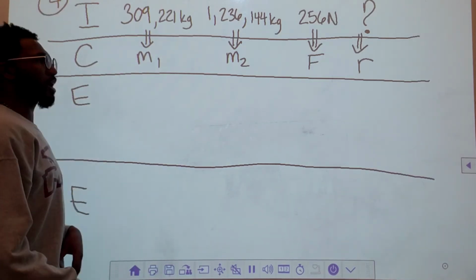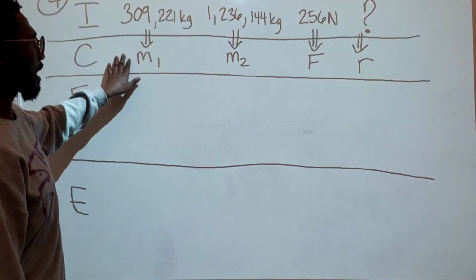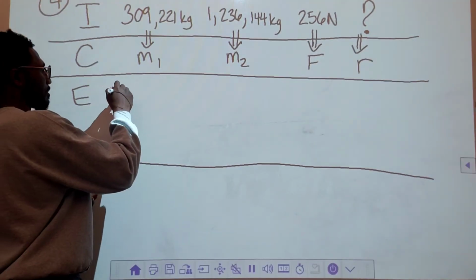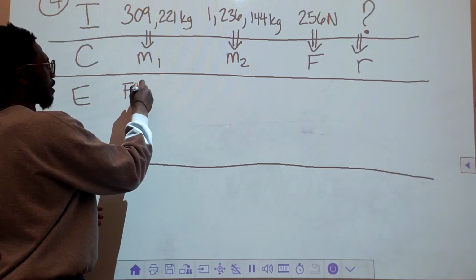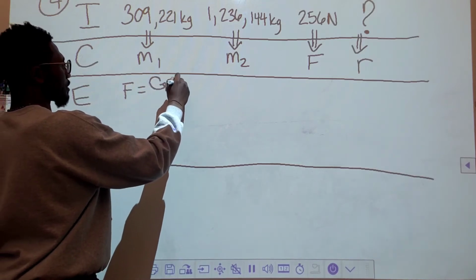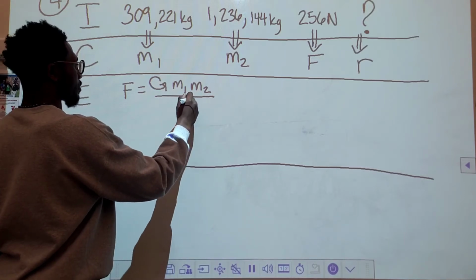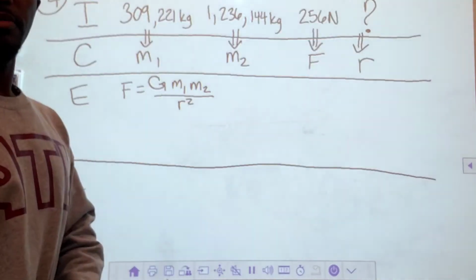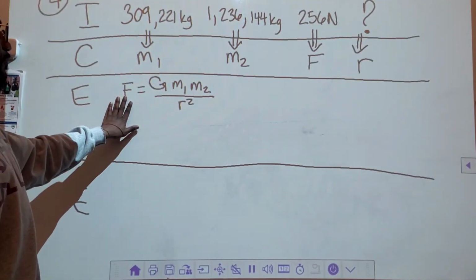So now I go to the equate step. Again, we've been using the same equation. That equation has all these variables in it, and we're just talking about gravity, so we know it's going to be F equals the gravitational constant times mass 1 times mass of object 2, divided by r squared. Now this is the equation we're going to use, but please notice that this equation is set up to solve for force.